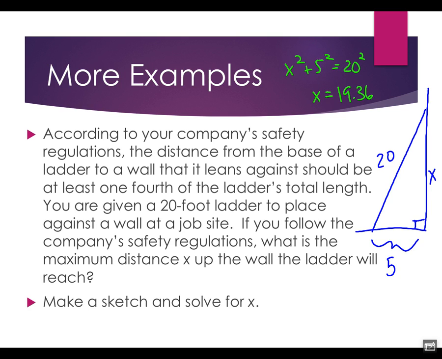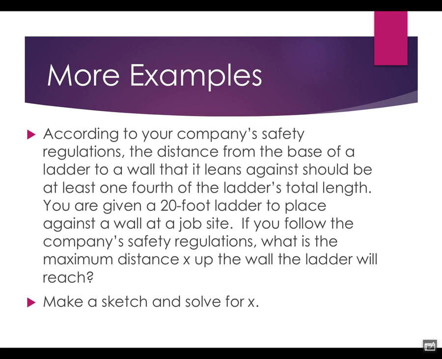Word problem, so we want an approximate answer. You're not going to go to a job site and say, we want that ladder to reach a height of the square root of blah, blah, blah. You're going to say 19.36. And then don't forget units, which is feet. Okay? Any problems? Beautiful. Still easy peasy.